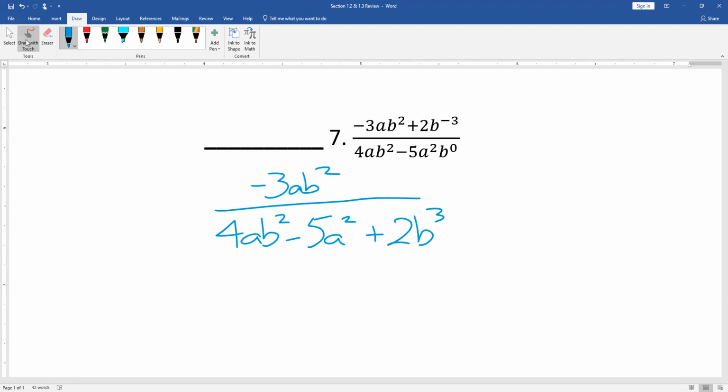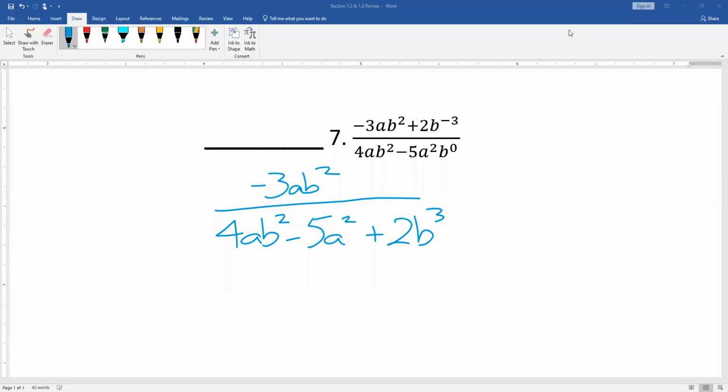Let's see here. Negative 3ab squared. We do have a like term here, that ab squared, so we should be able to eliminate that. Let me just check myself for a second.